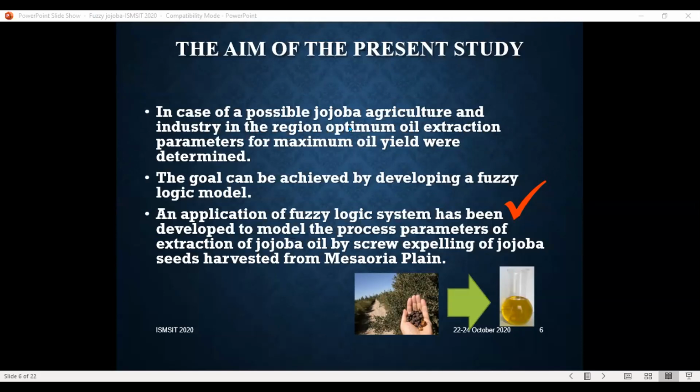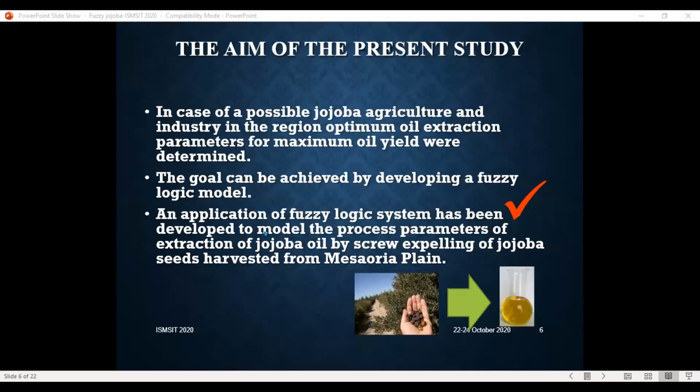We are optimizing oil extraction parameters to obtain the maximum oil yield. This goal could be achieved by developing a fuzzy logic model. Previously, we did this by using Taguchi analysis.